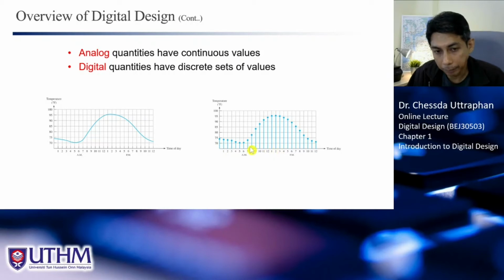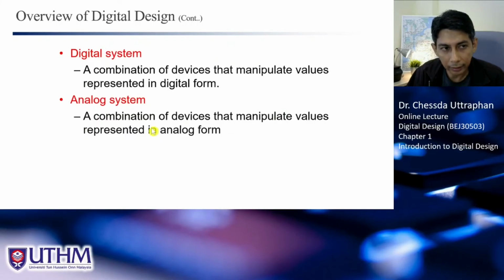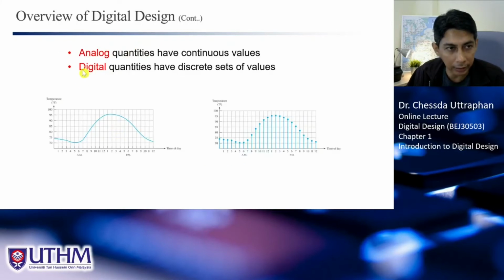So we can see that by using digital, one thing is that you can reduce the size of the information, because you remove some parts here. That is one of the advantages of digital. And what is digital system? This one is digital quantity or digital value.